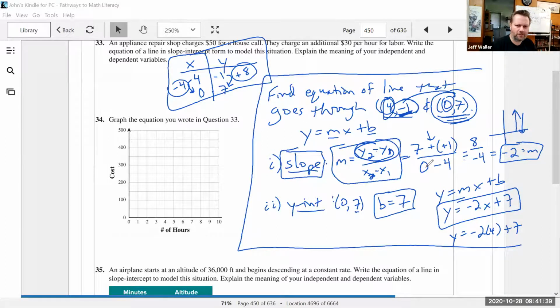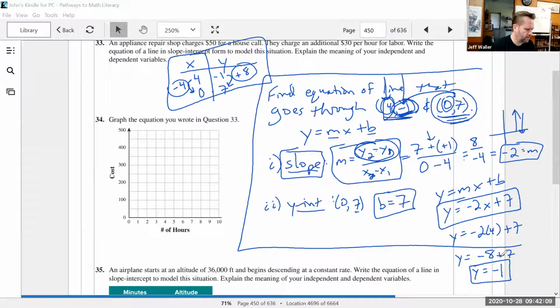When I put a 4 in, what's the output supposed to be? -1. So looking at the point, I know the output is supposed to be -1. And sure enough, what is negative 2 times 4? -8. What's -8 plus 7? -1.